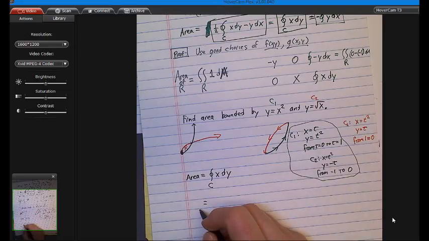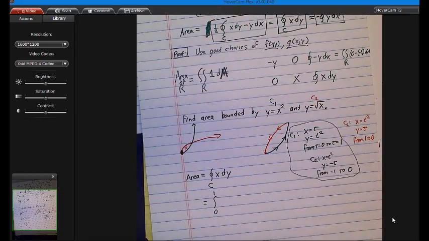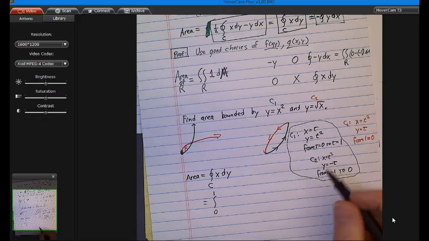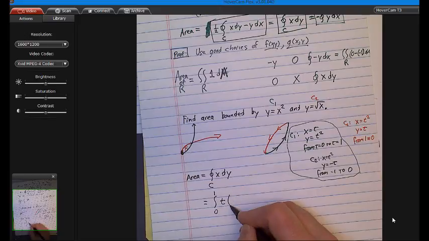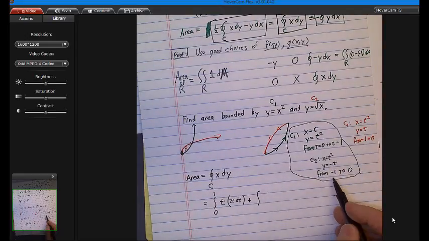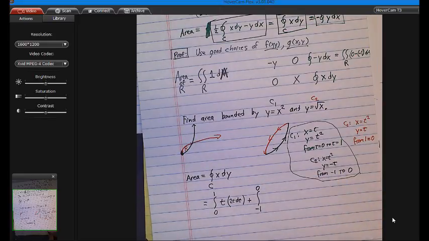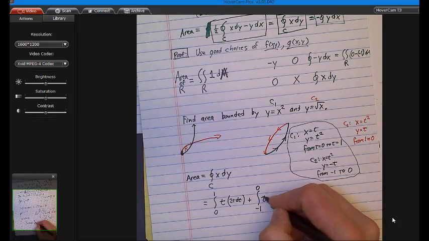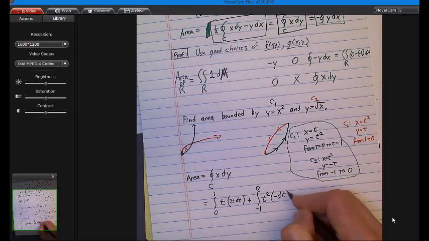This equals the integral from 0 to 1 of, with this parameterization, t times 2t dt, plus the integral from -1 to 0 of t squared, which is x, times negative dt.